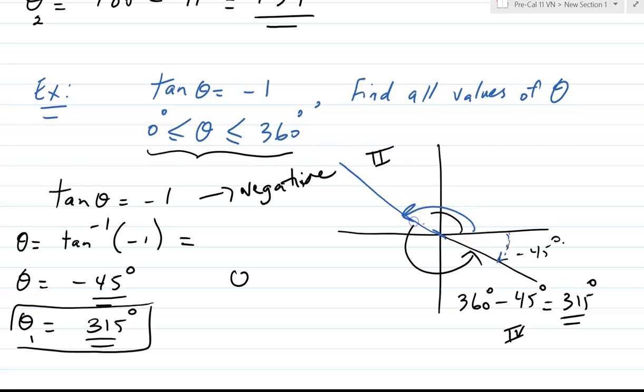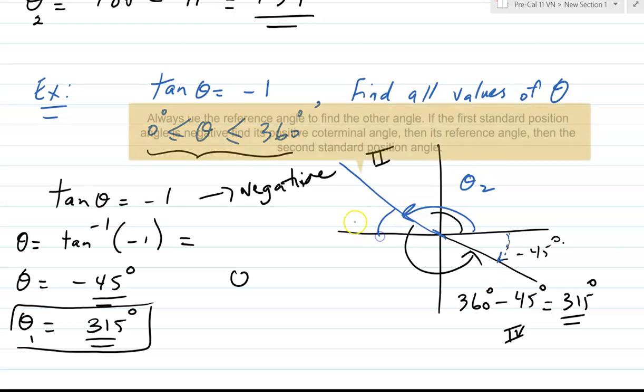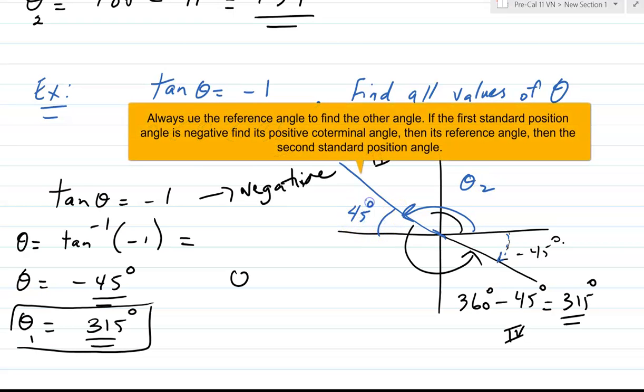And that is the standard position angle for the second one, theta 2, based on this reference angle of 45 degrees. You always use the reference angle that you get to find the second angle in whatever quadrant it is. What is theta 2? Well, theta 2 is 180 degrees minus 45 degrees, which is 135 degrees.